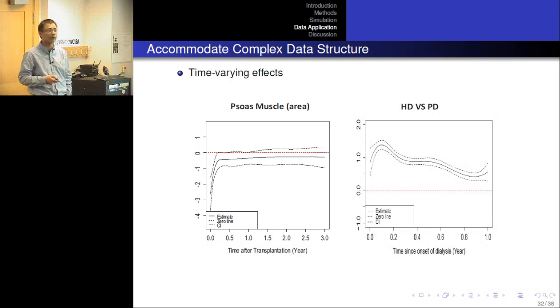Many patients will die due to that problem, and also many may die due to infection. But this relationship switches between 1 year and 2 years. In the long run, HD is still a better option compared to PD. After 1 or 2 years, PD has a higher mortality compared to HD.